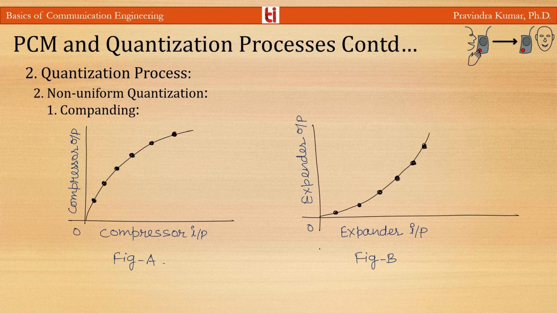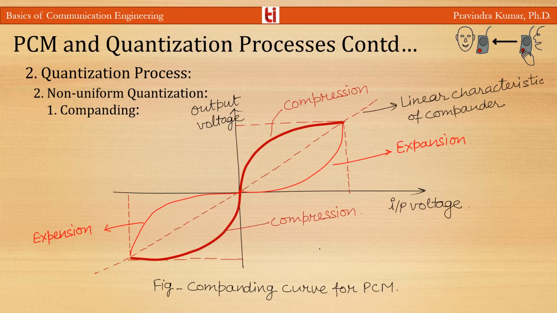The expander characteristic is exactly the inverse of the compressor characteristic, and it provides a small gain for weak input signals and large gain for strong input signals. You can see in this figure the companding curve of the PCM system. This curve is for the compression for the negative, and this compression for the positive signal, and this expansion for the positive, and this shows the expansion for the negative signal.